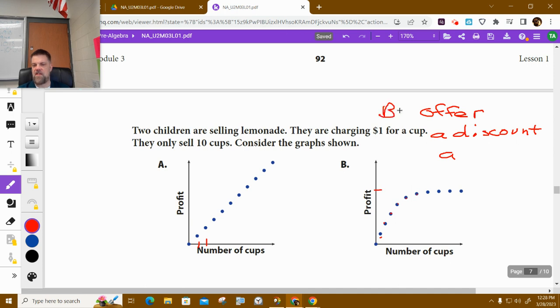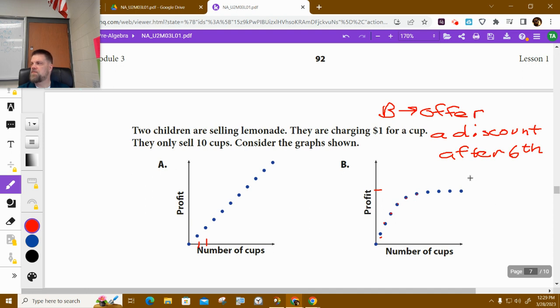So for B, if you offer a discount after the 6th cup, in other words, you say the 7th cup is free. Or if you buy 6 cups, the 7th, 8th, we offer a 25% discount.